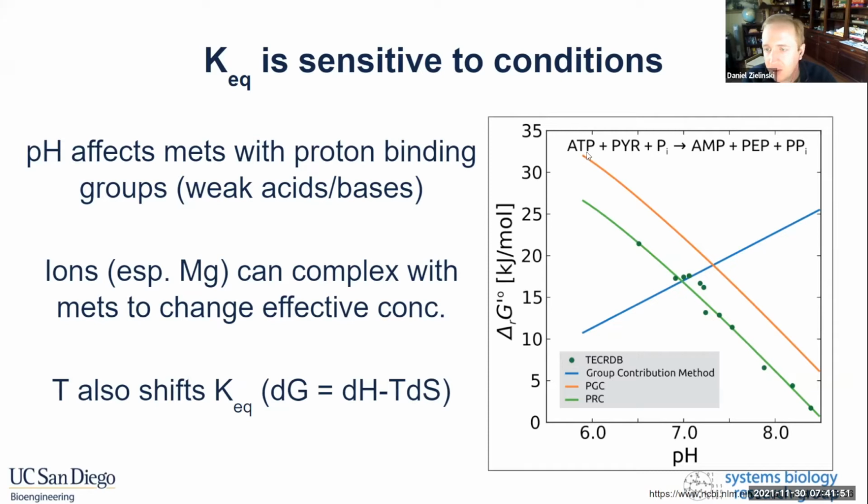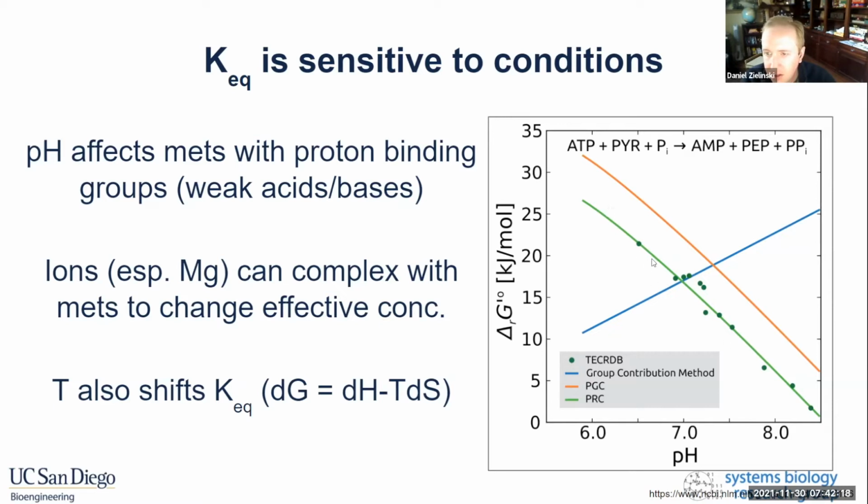Here's an example for ATP reacting with pyruvate, where ATP, any phosphate containing group, has a lot of protonation sites. And you can see that the reaction energy here, the standard Gibbs energy, which we said relates to our KEQ, has a very strong dependence on the pH.